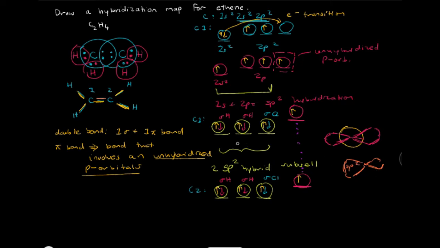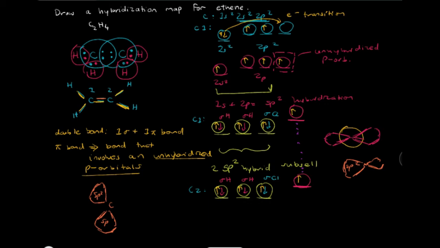So I'm going to redraw this using the orbital diagram. We have a carbon here, and we're going to have an sp2 hybrid orbital here. So you're just going to have to label it as sp2.